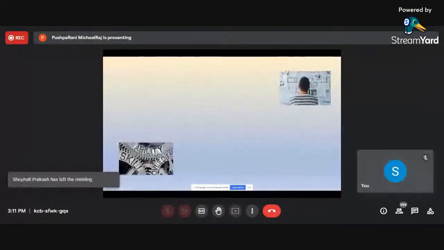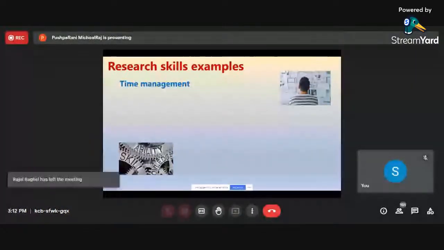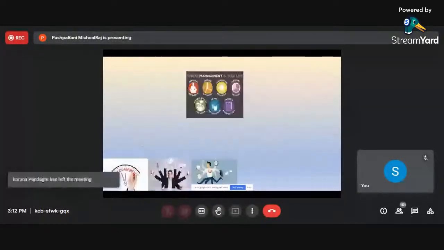And there are research skills examples that I would like to discuss now: time management, critical thinking, problem-solving skills, communication skills, and detail orientation.